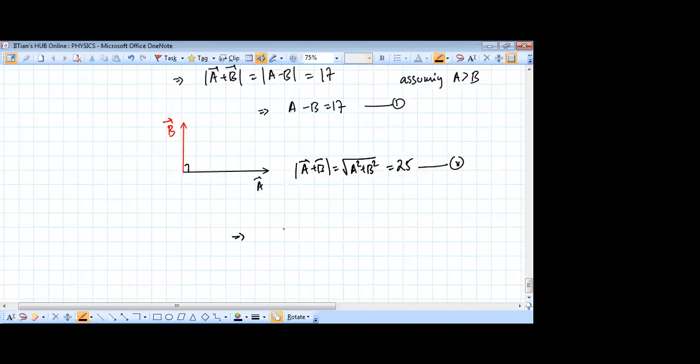So a square plus b square is 625, and a is equal to 17 plus b. So substitute this here.